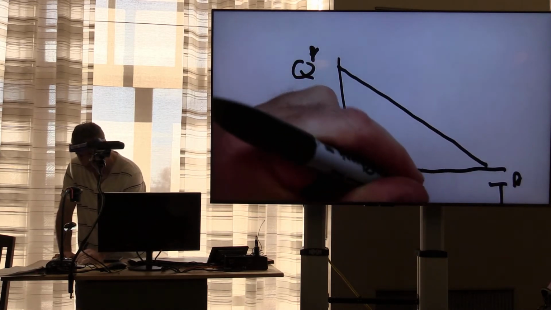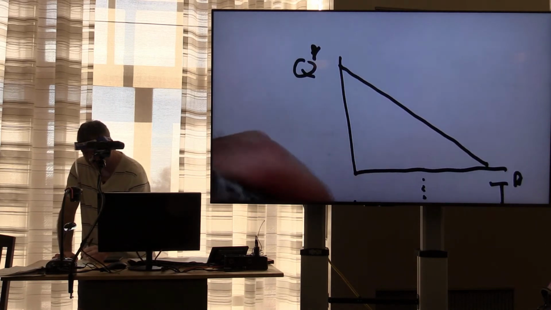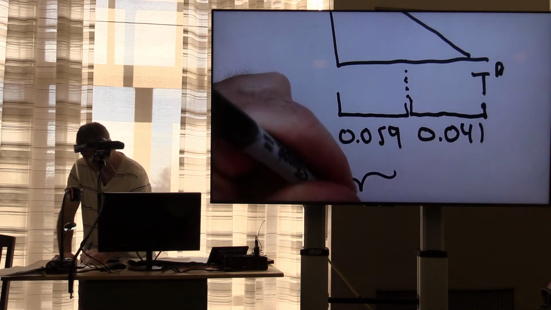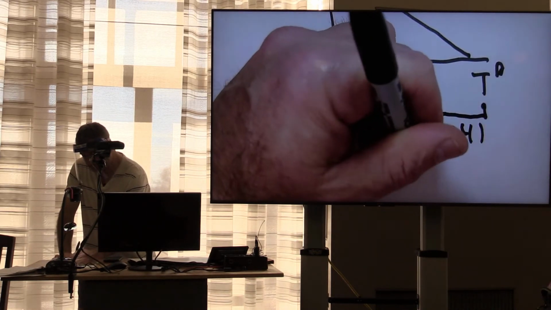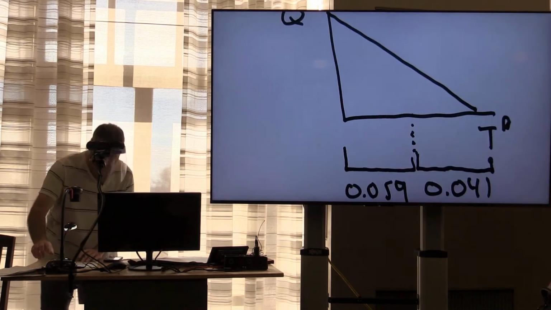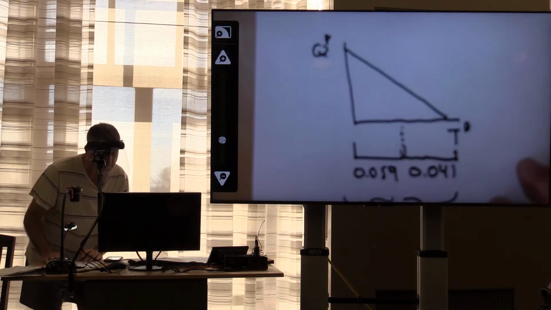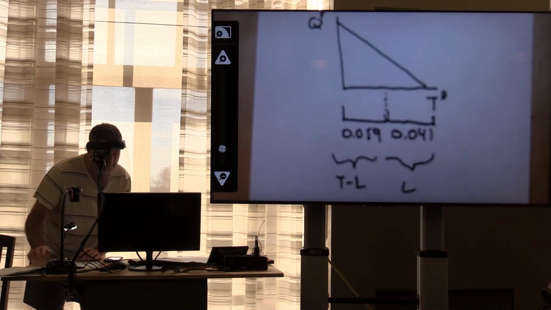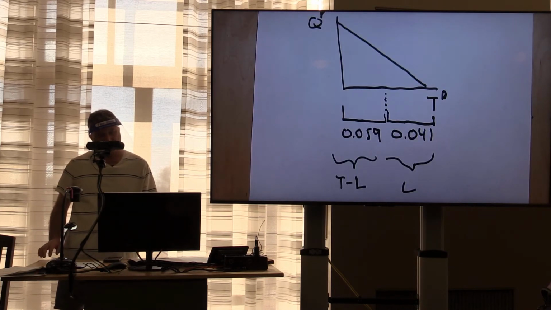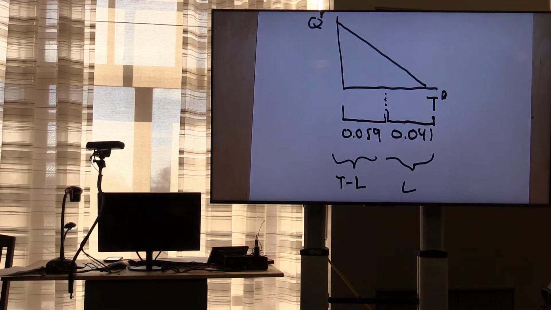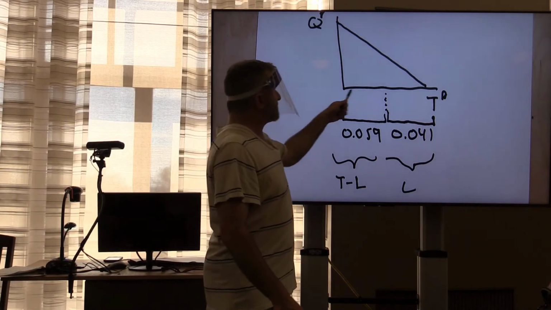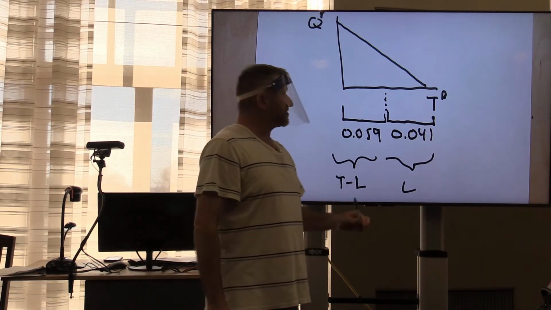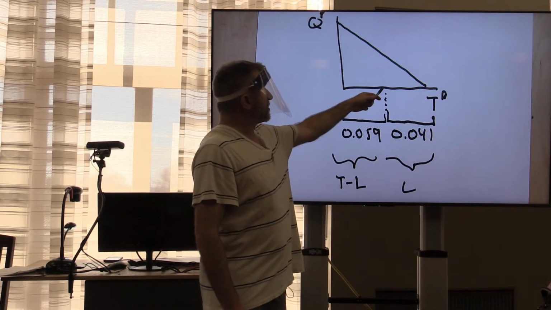So this is like our reorder point here. But this is T minus L. This is L. Okay. And so this amount of time passes before you run out. But because we have a lead time, we know we need to reorder about right here.